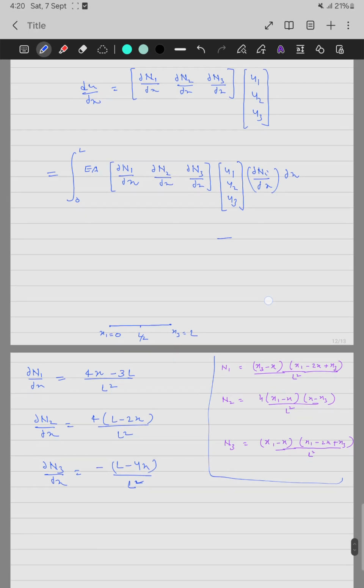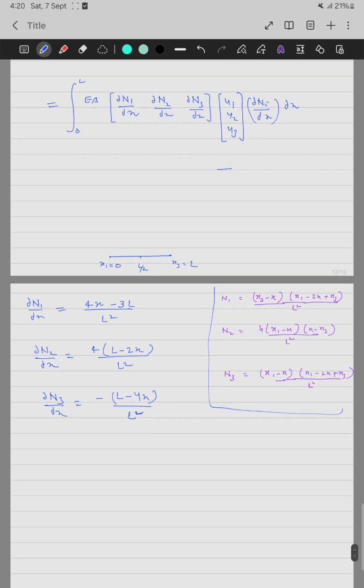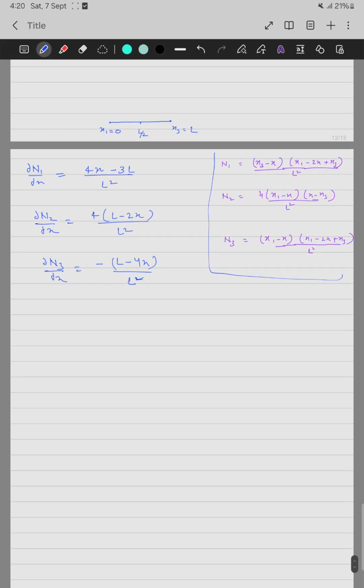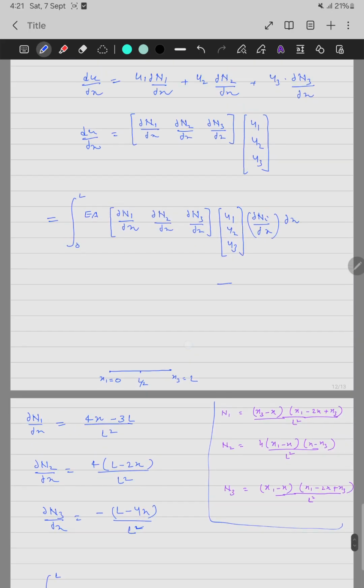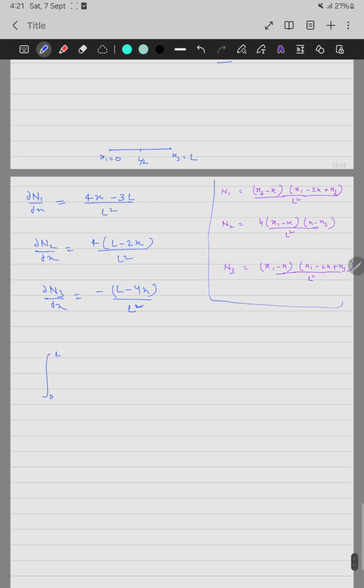So what we'll do here, we'll just put del n1, n2, n3 in these equations. So we can write our equation as integration 0 to L. If you see here, EA is common in all three, and this L square is common.